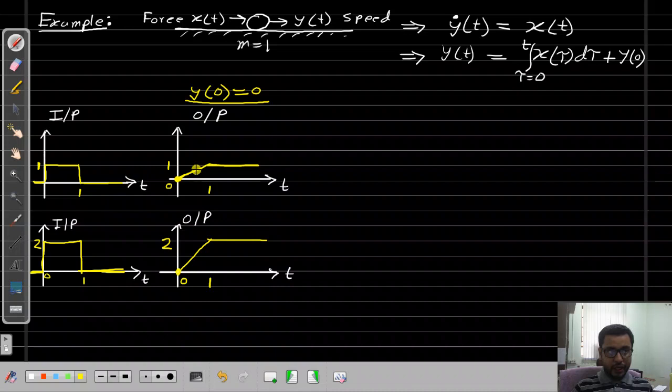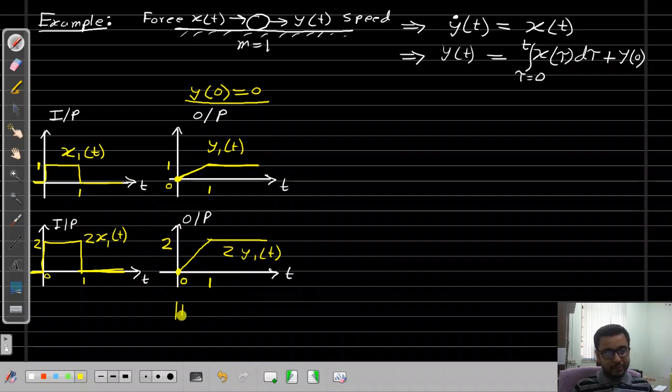Now you observe that if I call this x1(t), this pattern, then this is 2 times x1(t), and this output, if I call this y1(t), then this is also 2 times y1(t). Here the output is 2, here it is 1, here 0, 0, so it is 2 times.